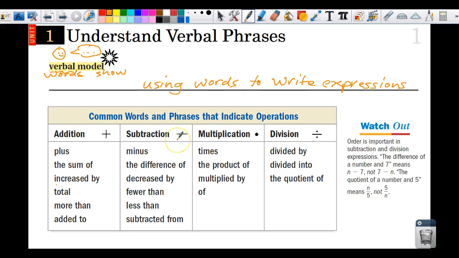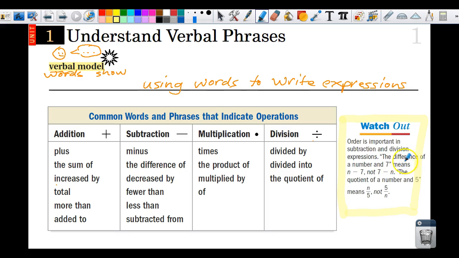A couple more examples before I start. Minus, difference of, decreased by, fewer than, all mean subtraction. Times, the product of, multiplied by, of, usually means multiplication. But order is important. Do you see on the right side of our notes on this page? Order is important, especially in subtraction and division.